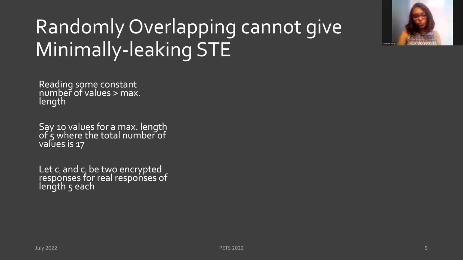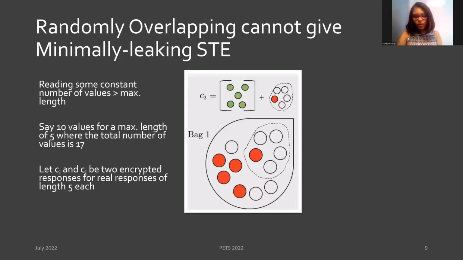And let there be two encrypted responses such that the real lengths of both of those responses are 5 each. So 5 values corresponding to each of the labels. As an example, you have CI, which has 5 real values that should be retrieved, and then you want to add 5 more because the scheme has to read 10 values. These 5 values are picked at random from the remaining encrypted values.